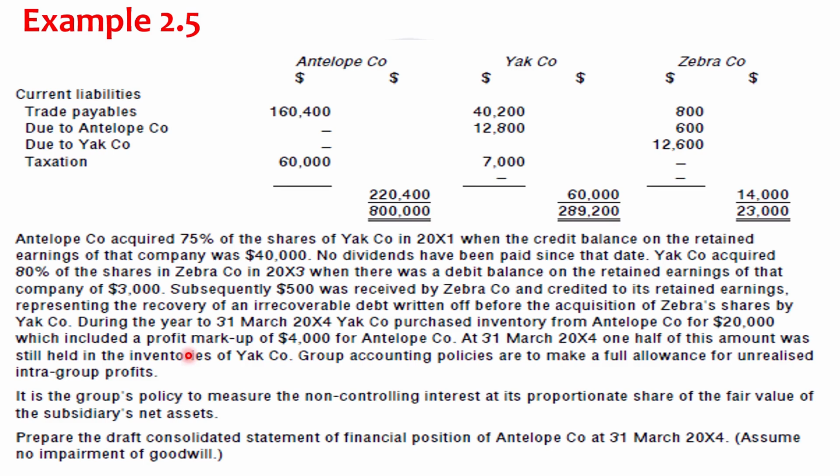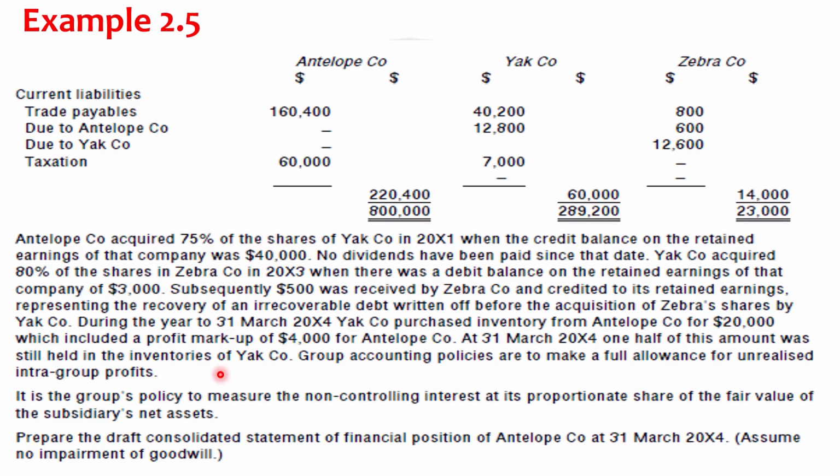During the year to 31st March 2024, Young purchased inventory from Antelope for $20,000, which includes a profit markup of 4,000 for Antelope. At 31st March 2024, one half of this amount was still held in inventory of Young Company.